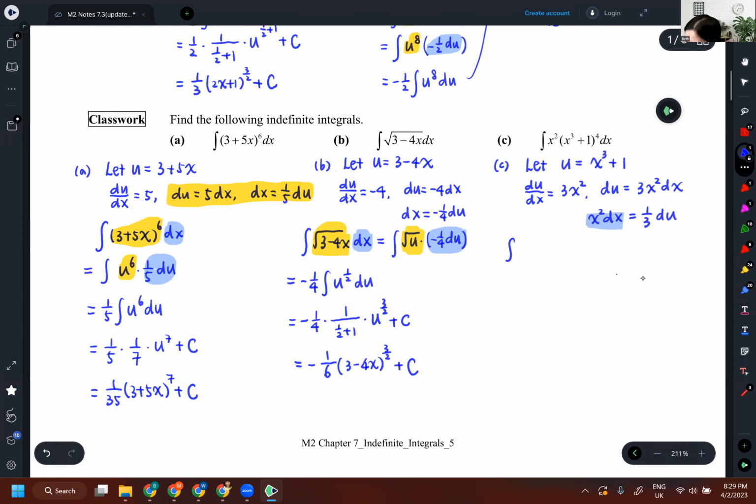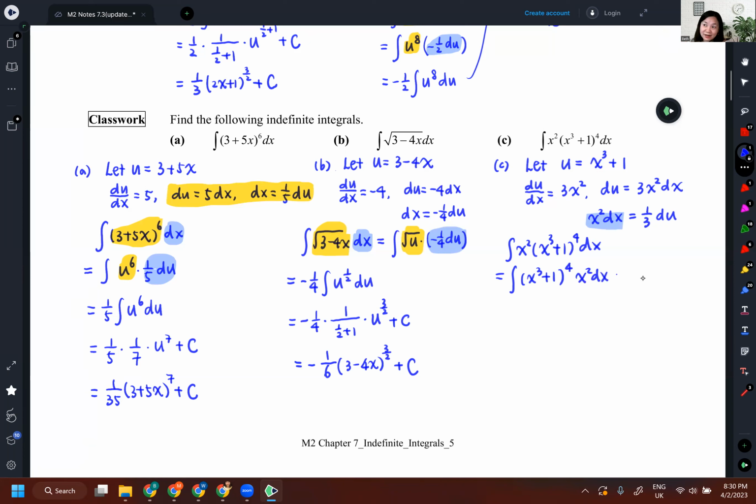Now, at first, I will try to separate them. I switched the order so you can see they can be separated. It's u^4, and this one is 1 over 3 du. And you can see the replacement. Now, this part is changed to u, and this part is changed to du.